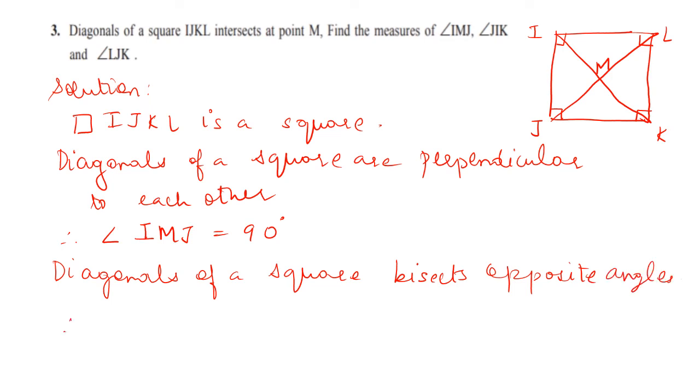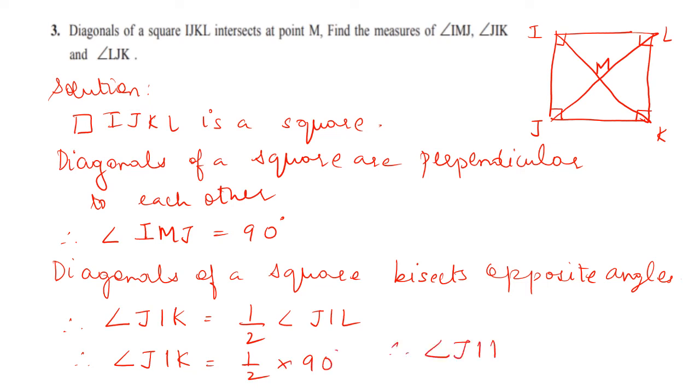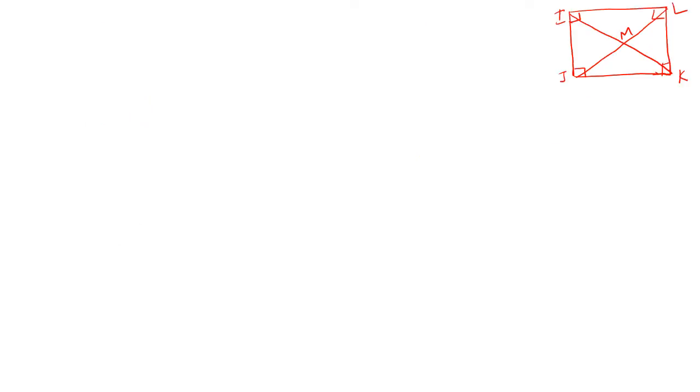Therefore I can say that angle JIK is equal to half of angle JIL. Therefore angle JIK is equal to half into 90 degrees, which is 45 degrees. Similarly, angle LJK is equal to half of angle IJK.